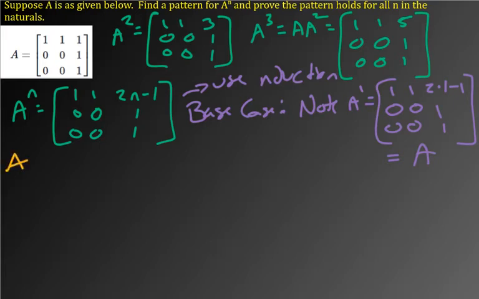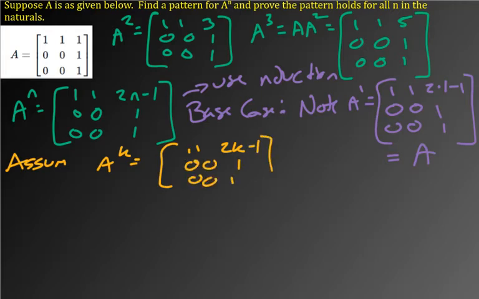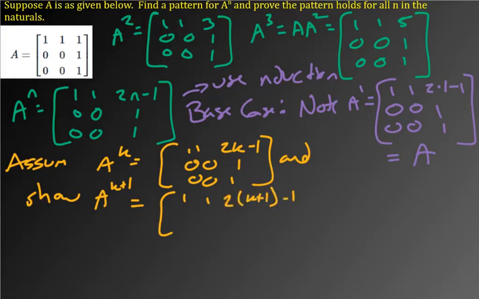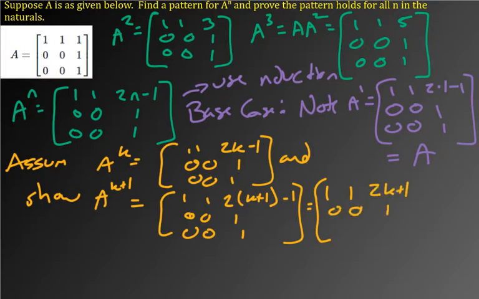And then I'm going to assume that A to the k equals 1, 1, 2 to the k minus 1, 0, 0, 1, 0, 0, 1, and show that A to the k plus 1 equals 1, 1, 2 to the k plus 1 minus 1, 0, 0, 1, 0, 0, 1, which you could simplify to 1, 1, 2 to the k, and then 0, 0, 1, 0, 0, 1.